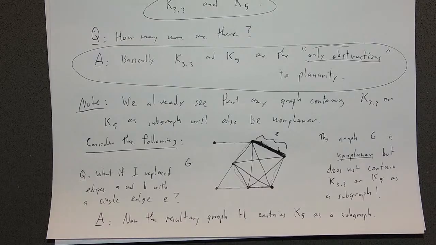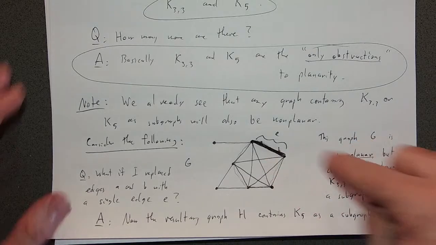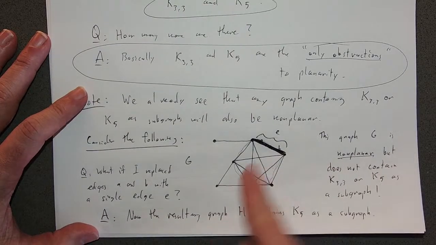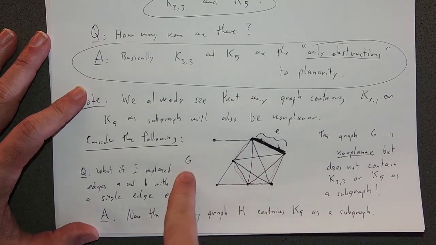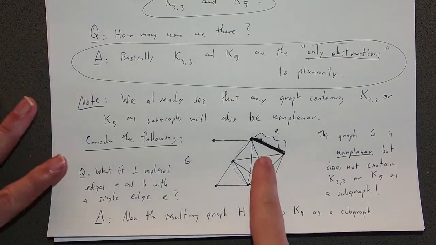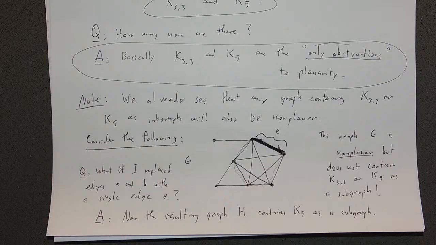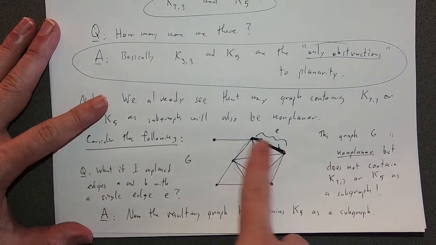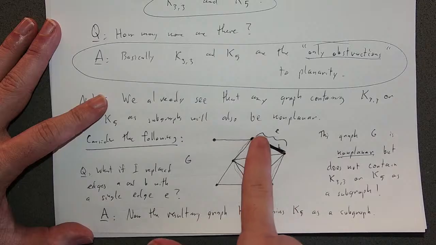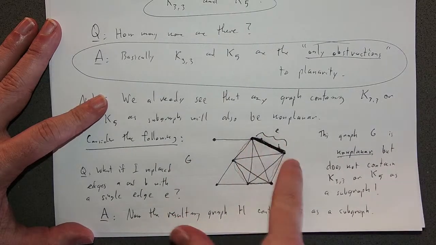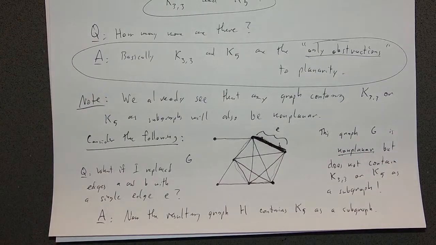That wasn't a fine enough result, but it's like being a potential subgraph if we allow this kind of operation. But this is a different operation than we've seen before. The relationship that this new graph H has with G is slightly different, because it's not vertex deletion, it's not really edge deletion, it's like edge division, right? Or edge undivision in the case of going from A and B to E. So in going from H to G, you took the edge E and divided it into two pieces. Okay.